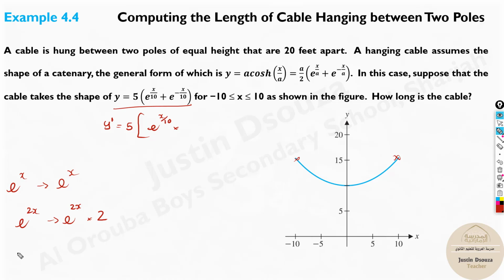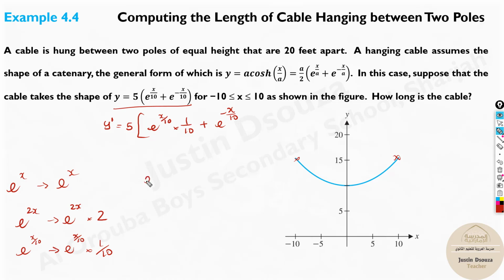Now here instead of e to the power x, we have x by 10. So it will be e to the power x by 10 multiplied by 1 by 10. Why is this? Because the derivative of x is 1 and this is a constant. So we will have 1 by 10, plus. Now the same thing with e to the power minus x by 10.